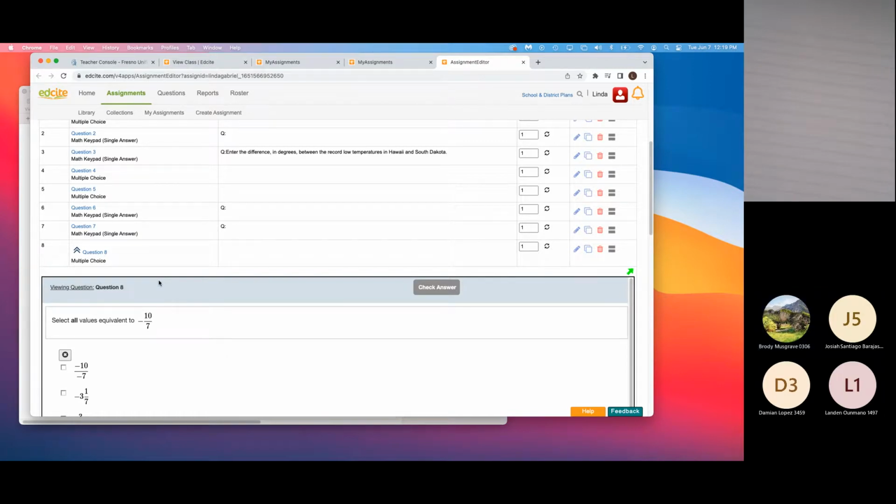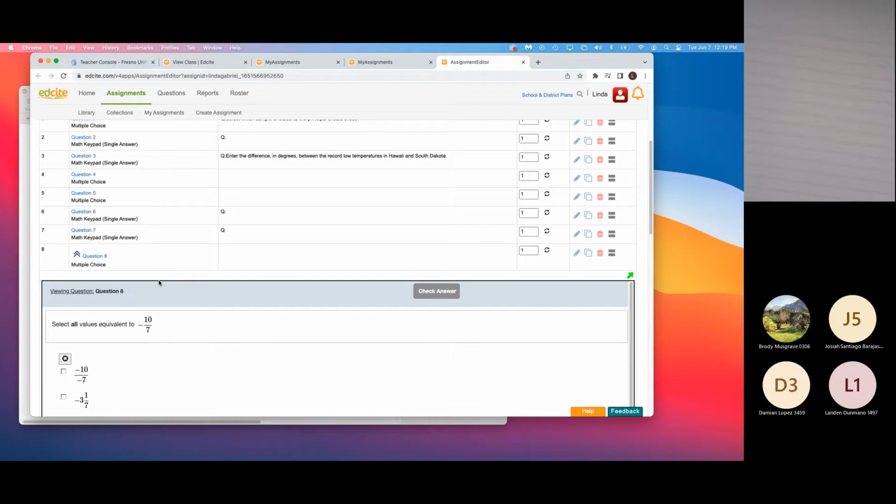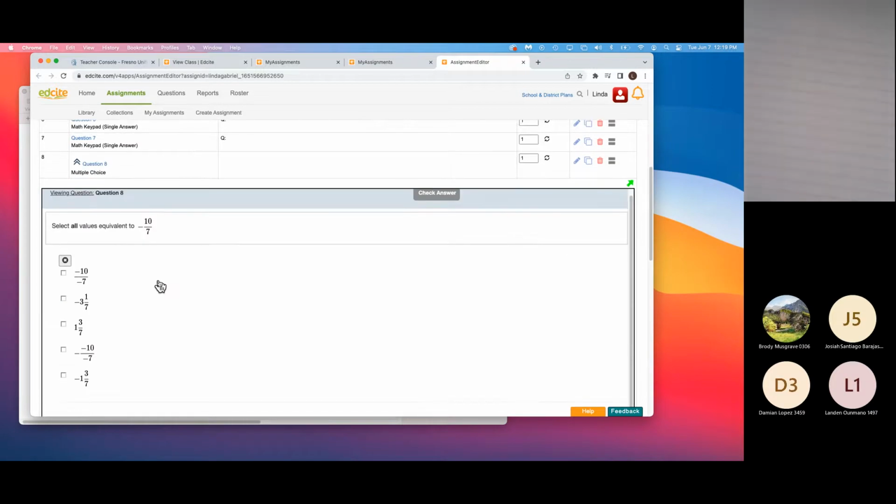All right, so for question number 8, as you can see here on the screen, I have all values equivalent to negative 10 over 7. All right, so with this, we don't have a decimal point answer, so we're going to go over each of these boxes. Fortunately, they're not labeled A through D, but my first possible answer is negative 10 over negative 7.